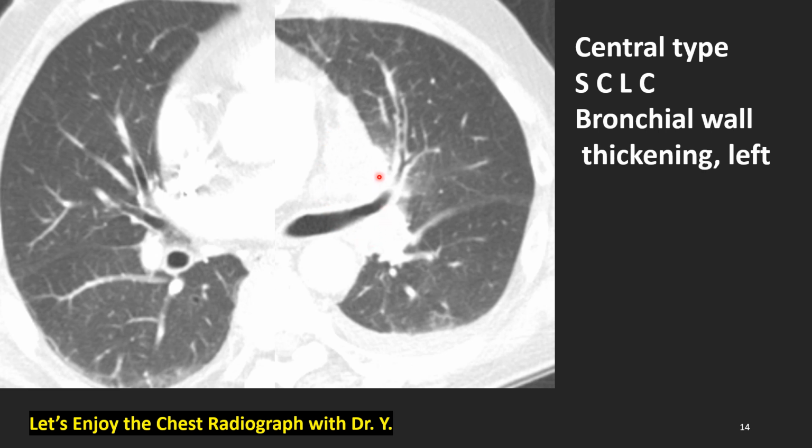Bronchial wall thickening is clear on the CT, but on chest radiographs it is usually not so clear. But we have seen some streaky lines on the frontal chest radiograph of this patient. That was bronchial wall thickening, actually tumor infiltration to the bronchovascular bundle. And also we call them lymphangitic obstruction.